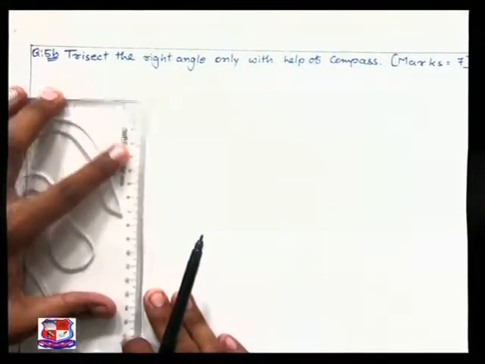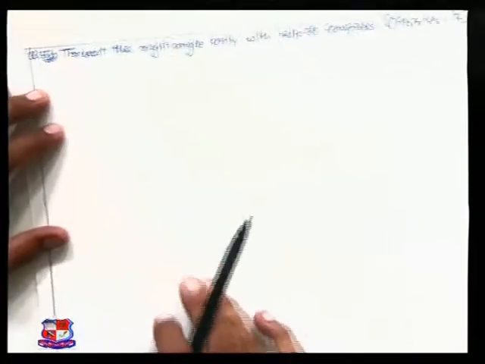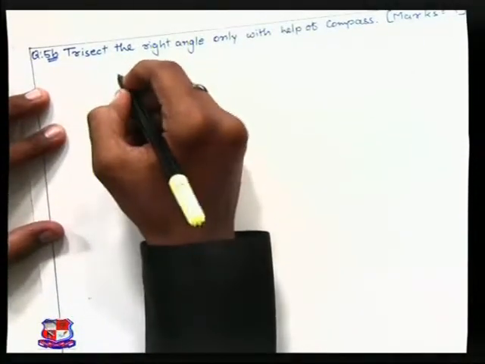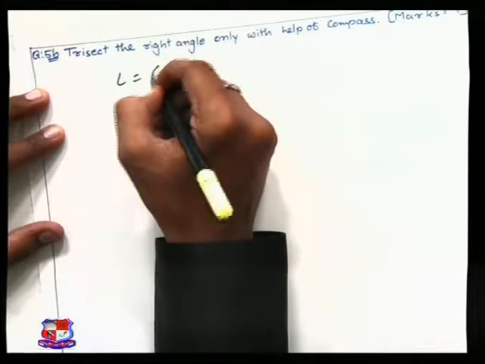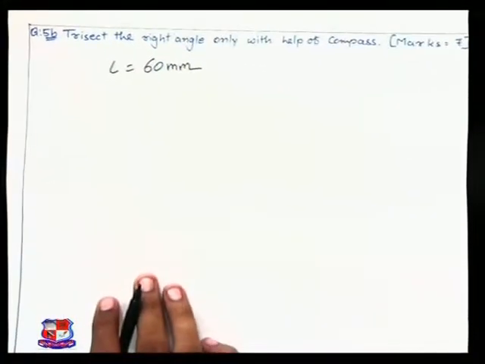What you have to do is take any appropriate right angle length. Say I am taking the length as 60 mm, L equal to 60 mm.